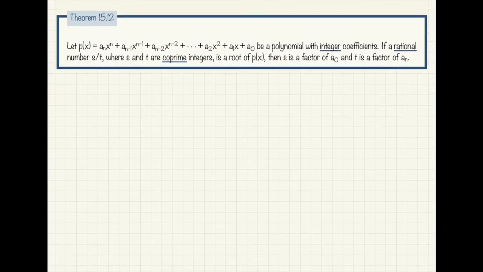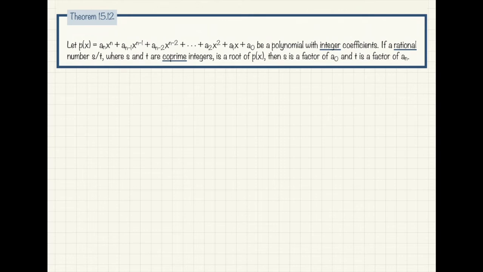Now let us go to a little bit harder theorem here. It's more or less an extension of the previous theorem. We have the polynomial. Again, my polynomial has integer coefficients. So let p of x be a polynomial with integer coefficients. All these a's are integer numbers.